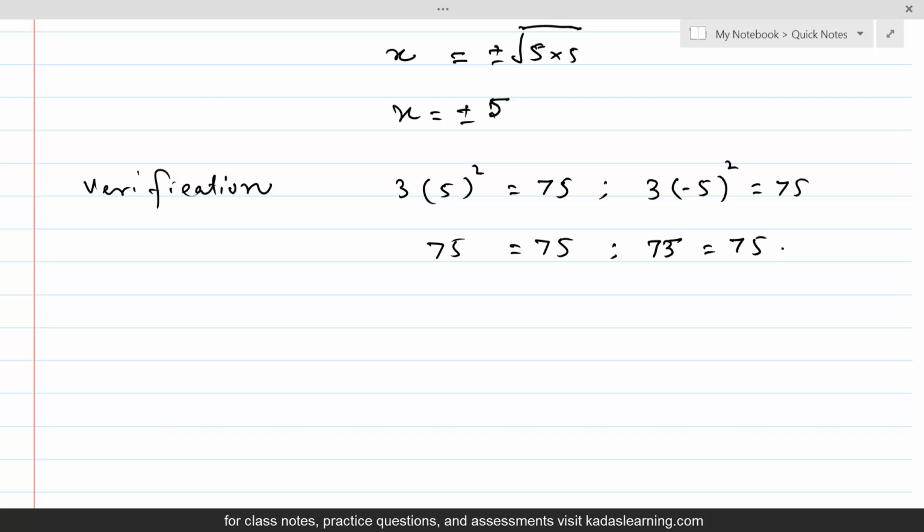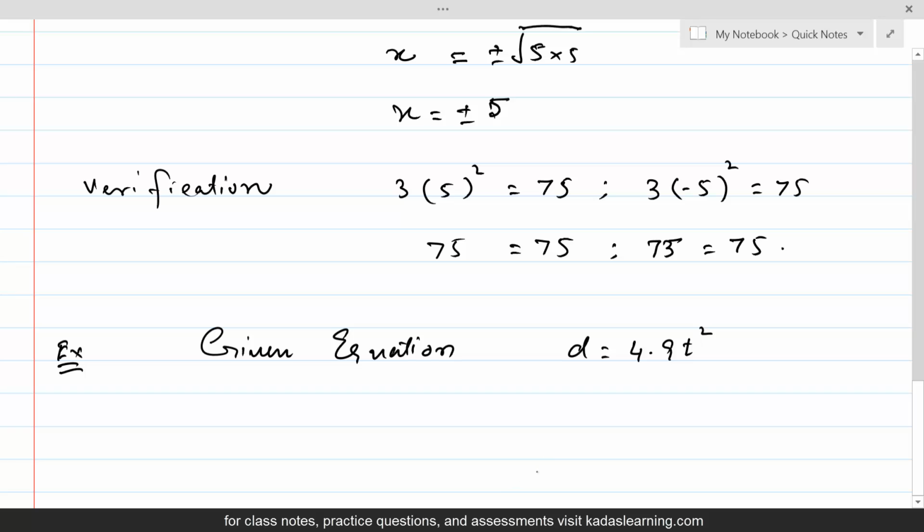And now there is one more situation where we model a situation that follows a quadratic equation. For example, the given literal equation is d equal to 4.9 t squared, and if that is the case, then we will find the value for t.